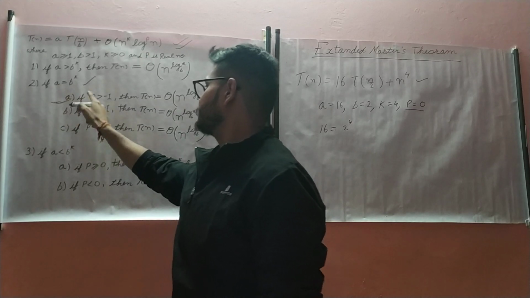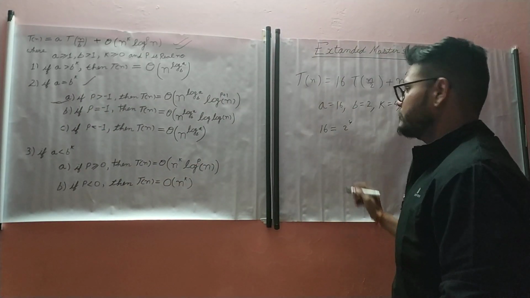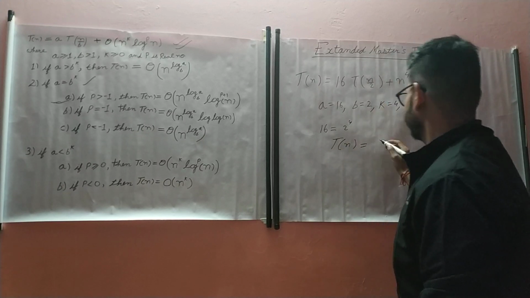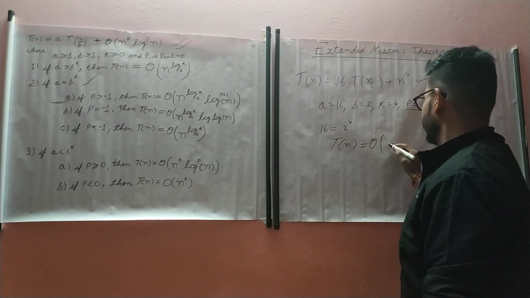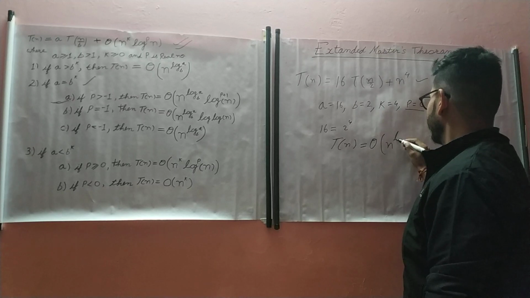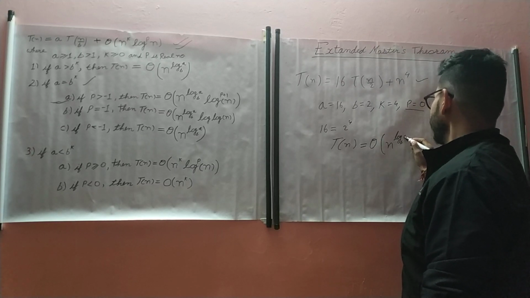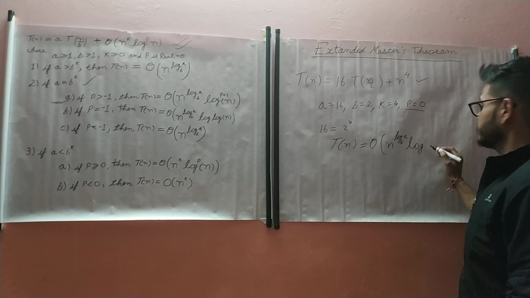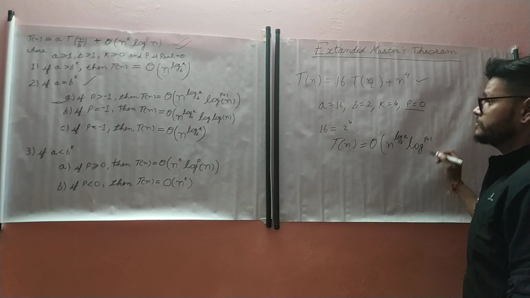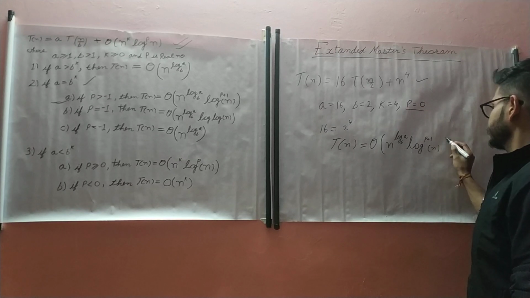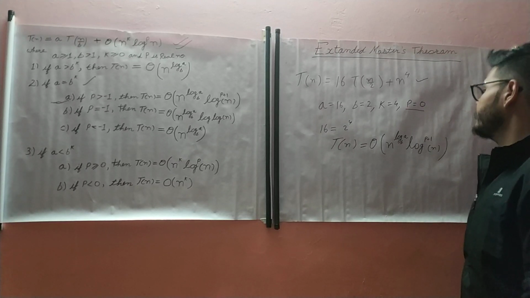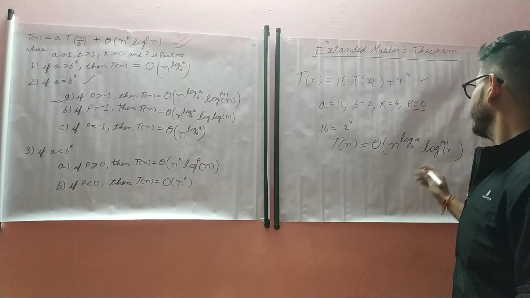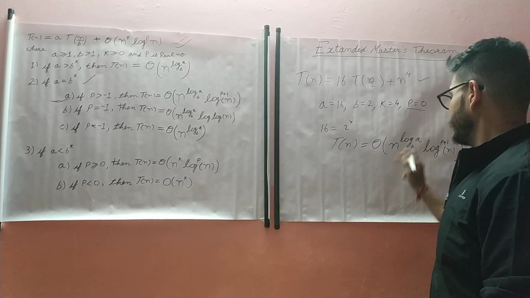T(n) = theta of n^(log_b a) log^(p+1) n. Now we will put the values of a, b and p in the equation.